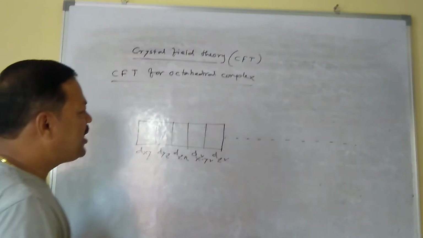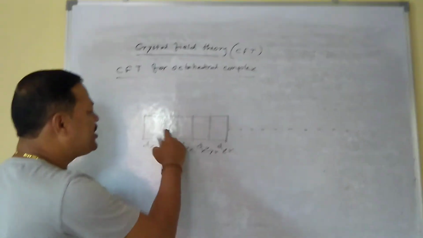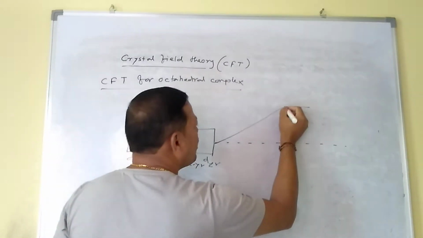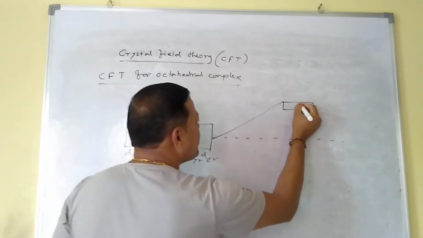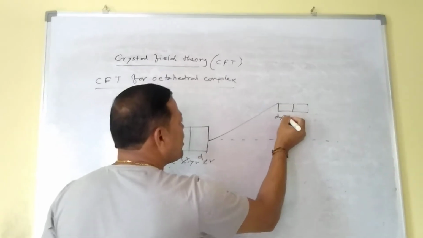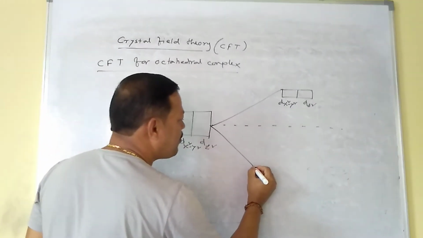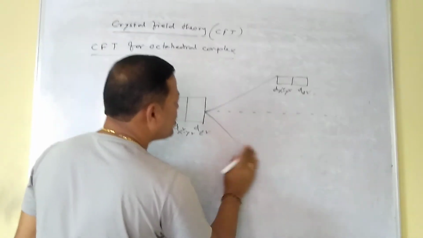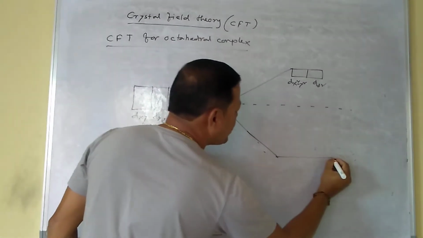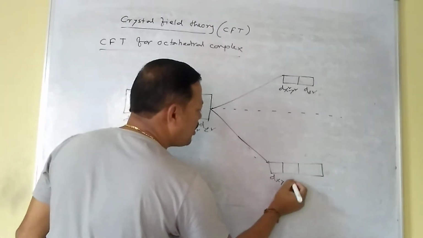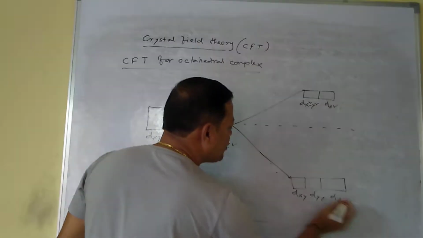Now when the ligand comes towards the metal, this degeneracy is split into 2 series. One has more energy, with 2 orbitals, dx square minus y square and dz square, and these 3 have lower energy because there is no repulsion in these 3 orbitals. These are dxy, dyz, dzx.